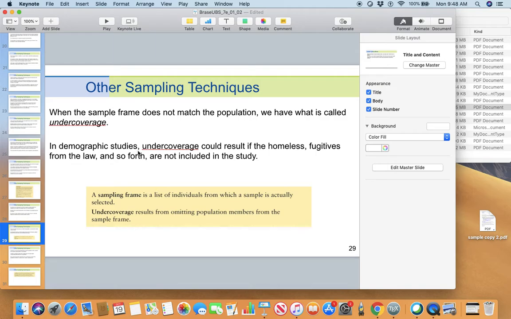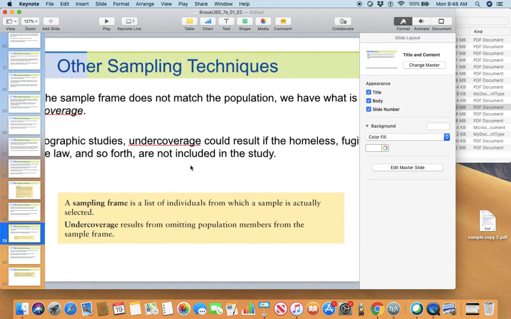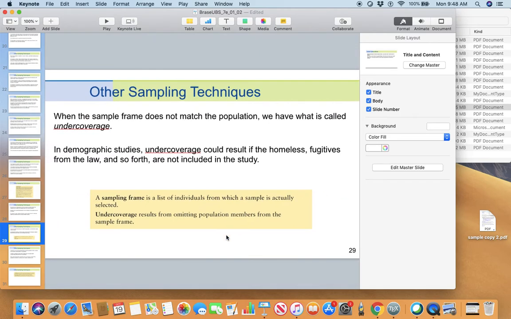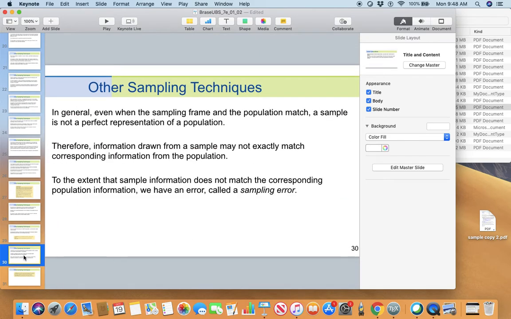In demographic studies, undercoverage could result if the homeless, fugitives from the law, and so forth are not included in the study. So a sampling frame is a list of individuals from which a sample is actually selected. Undercoverage results from omitting population members from the sample frame.